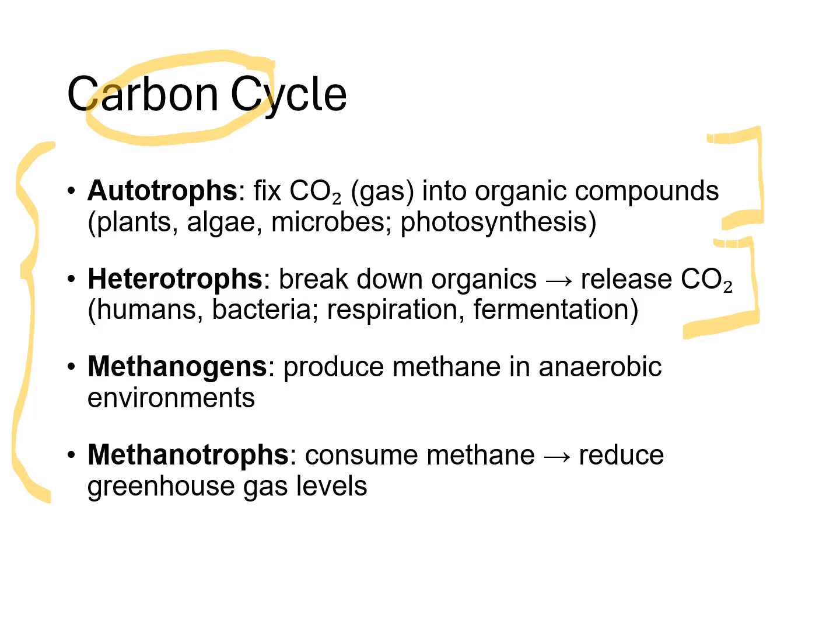They break down organic molecules and release CO2, carbon dioxide, back into the environment through respiration or fermentation. For the next one, in anaerobic environments, methanogens produce methane gas, while the last one, methanotrophs, consume methane and help reduce greenhouse gas levels by reducing gases like methane.